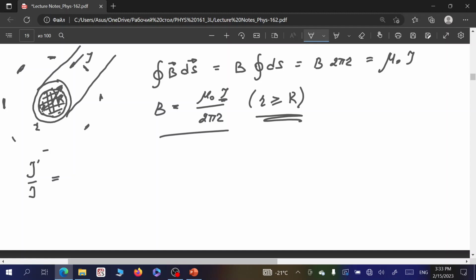How did we define it? We consider uniform distribution of electric current density along the cross section of the conductor. If we take this into account, what will give us the ratio of the magnitudes of I prime and I?